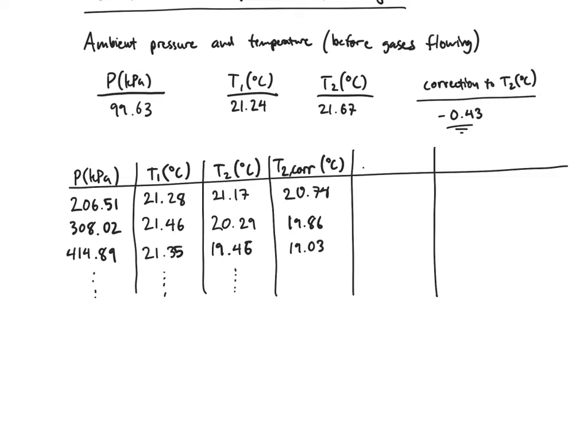Okay, the next step is to calculate the delta T's, and since we're subtracting two Celsius values, we might as well just call it units of Kelvin, because subtracting two absolute Celsius values will give us a delta T in Kelvin. And then we've also got a delta P, and those are going to be in kilopascals.